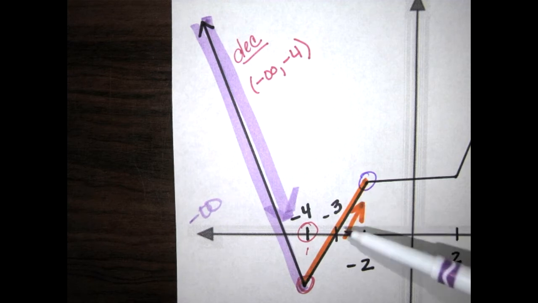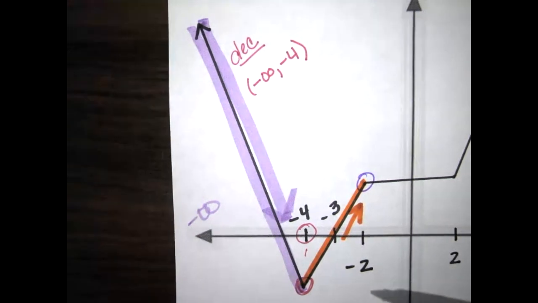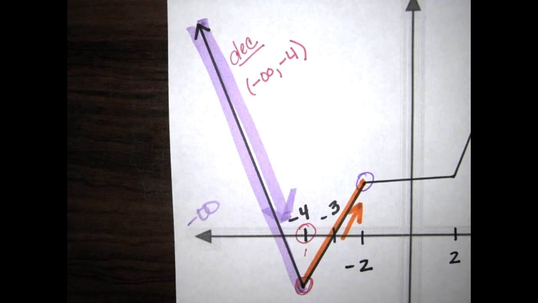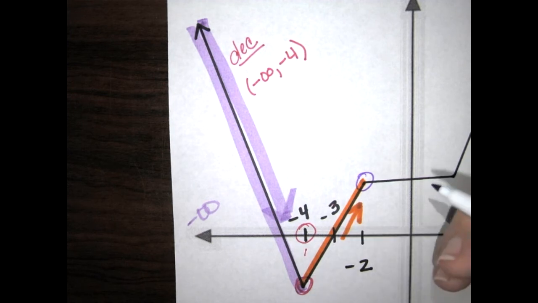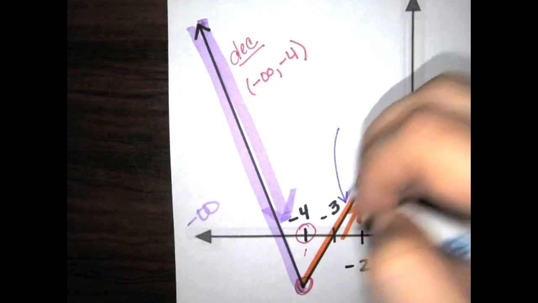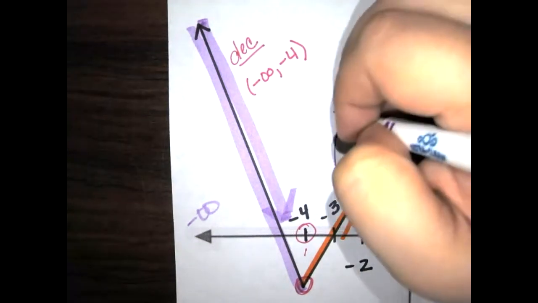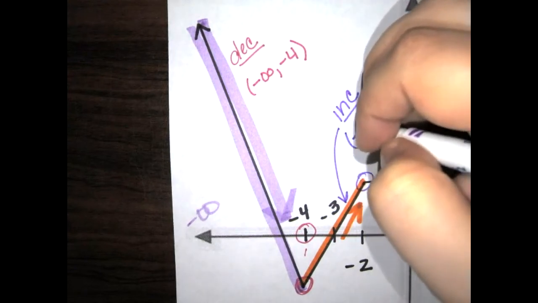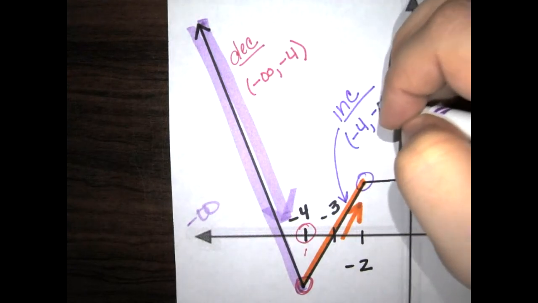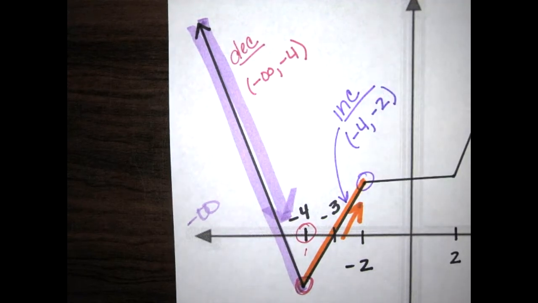Now, some students always ask, well, what about where you cross the axis line? When we're talking about increase or decrease, crossing your axis is not what matters. What matters is the direction your line is going and where it changes direction. So here I have an increasing interval. This orange graph is increasing from -4 up to -2. And then I stopped.